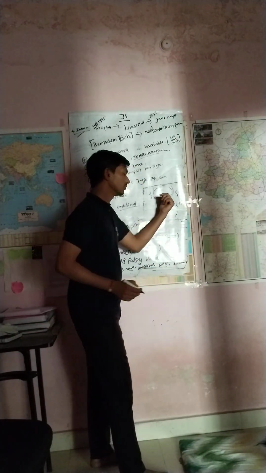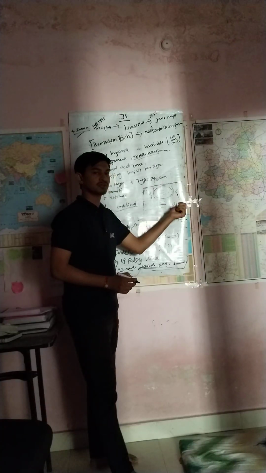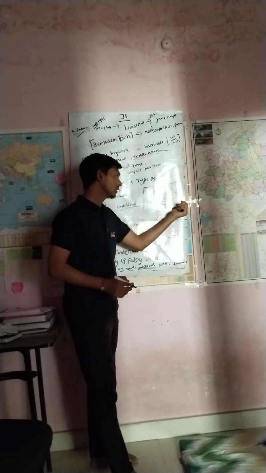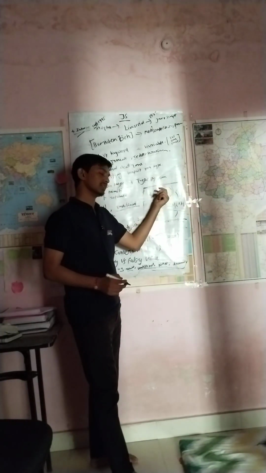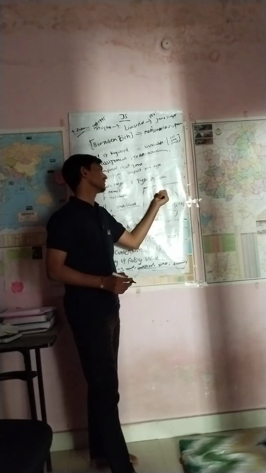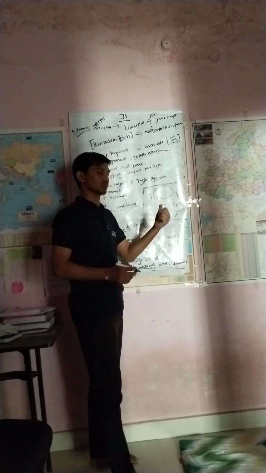Okay, so 0 would be considered a falsy value, and -1 would be considered a truthy value. If the condition hits, then only you would be allowed to enter into this block, and if you do not satisfy this, then you would not be allowed to enter.